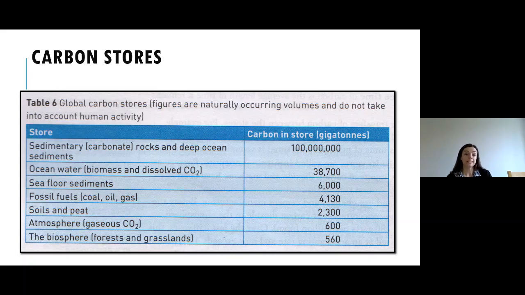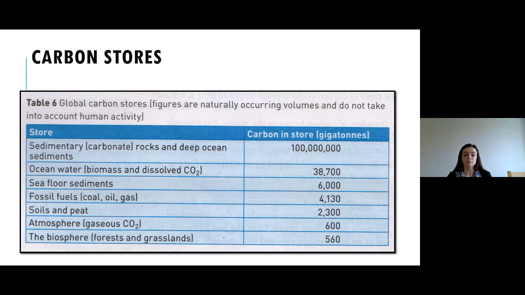If you are being assessed in the upcoming few months in physical geography, and you have an essay on the carbon cycle, please make sure that you do use data to support an overview of the various global carbon stores.